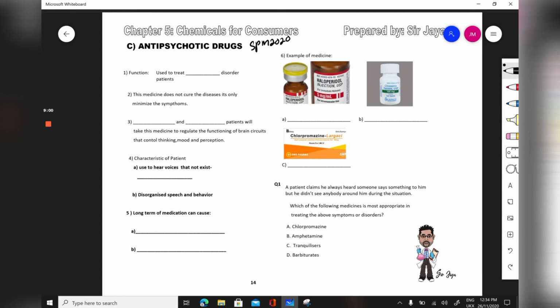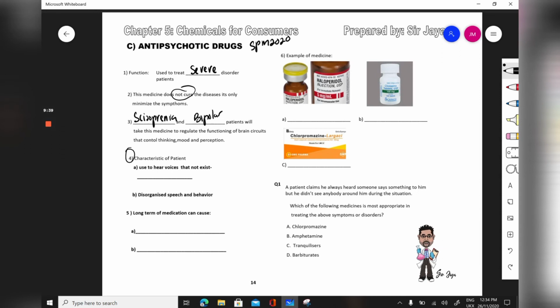The function of antipsychotic is to treat severe or serious mental disorder patients, and this medicine does not cure the disease, it only minimizes the symptoms. Schizophrenia or bipolar patients will take this medicine to regulate the function of brain circuits and to control thinking, mood, and perception.